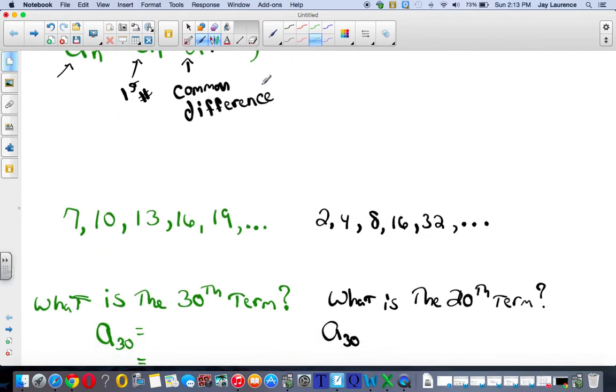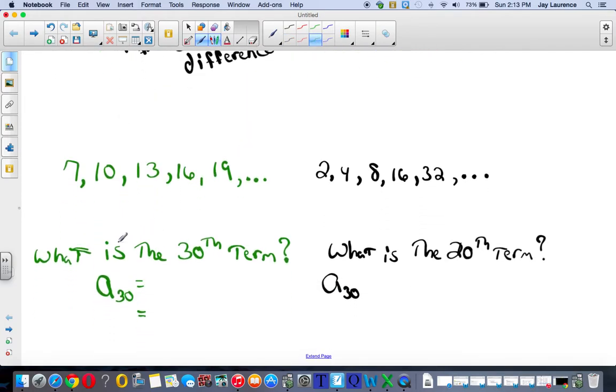So let's come down to this sequence of numbers or series of numbers: 7, 10, 13, 16, 19. All right, so we want to know the 30th term. So in other words, we want to know A sub 30. Okay, I'm going to find A sub 30 by taking the first term, A sub 1, and I'm going to add the common difference times 1 less than 30.